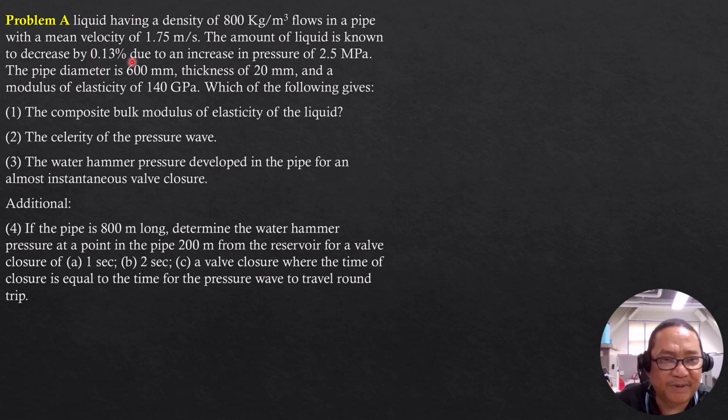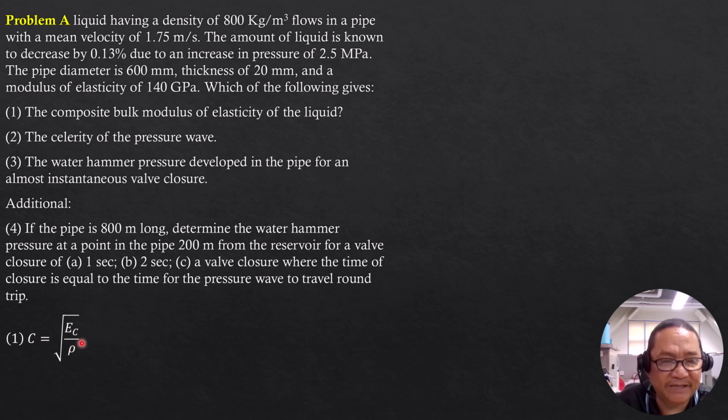So for the first part, the celerity of the pressure wave is the square root of the composite bulk modulus of elasticity divided by the density of the flowing fluid.